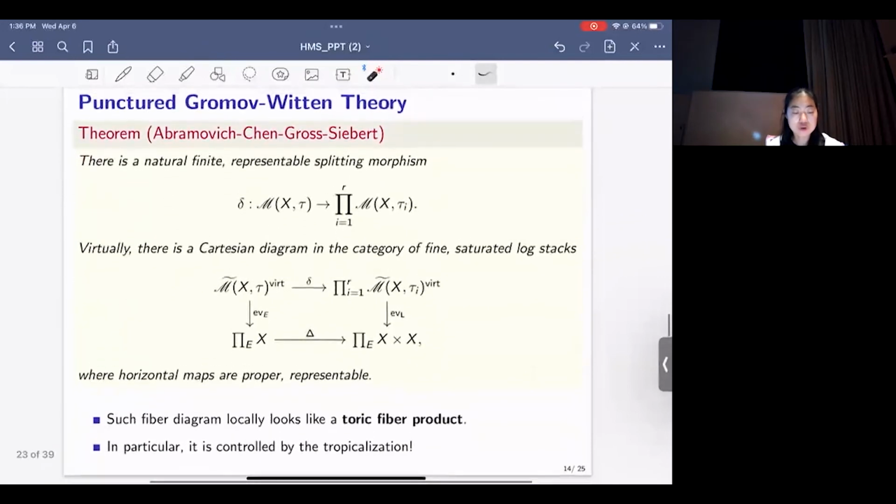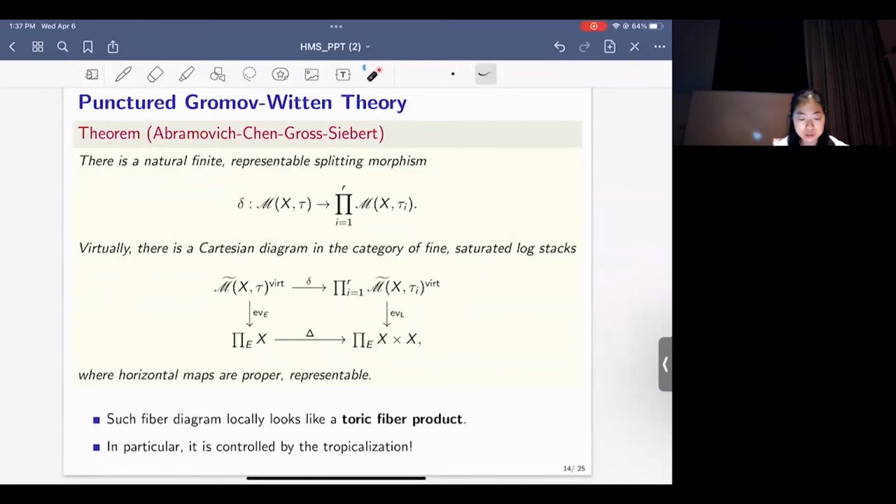Yeah, so there exists a natural finite representable splitting morphism associated to the splitting process that we just talked about, and virtually there exists a Cartesian diagram in the category of fine saturated log stacks.